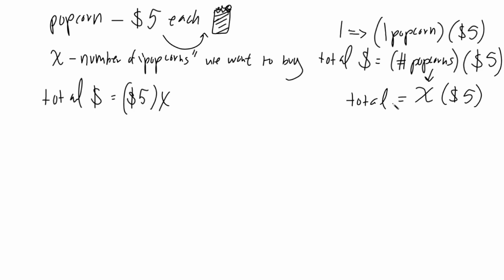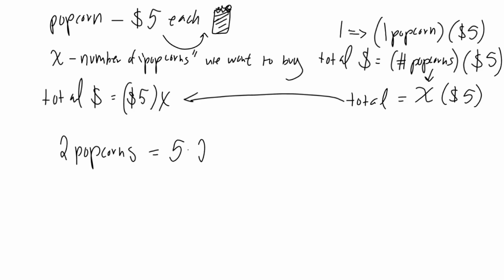So here, basically what we just wrote here, right? So if we want to do 2 popcorns, for example, this would be 5 times 2 popcorns, right? And that brings us to $10. But we can also use this equation that we just made.